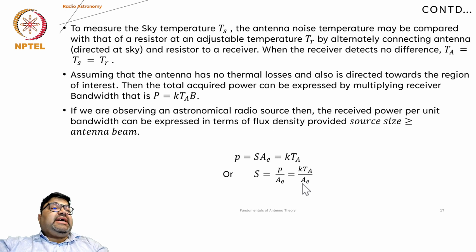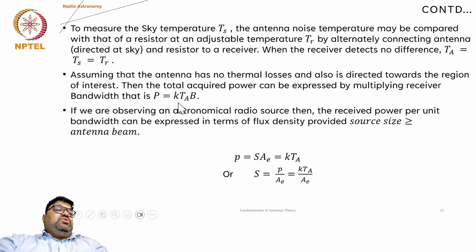So to measure the sky temperature, the antenna noise temperature may be compared with that of a resistor at an adjustable temperature T_R by alternately connecting the antenna and the resistor to a receiver. When the receiver detects no difference, Ta is equal to Ts, the sky, equal to Tr.